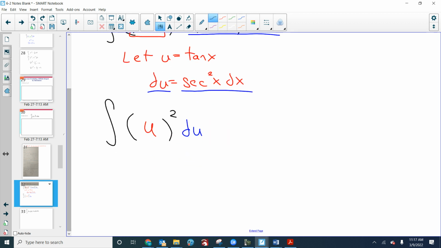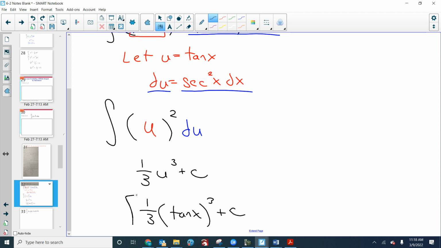Antiderivative? 1/3 u cubed plus a constant. 1/3 tangent of x cubed plus a constant. Beautiful. Questions on that one? Get that done? Get that all corrected? You're a fast writer. Questions? Others, keep them coming.